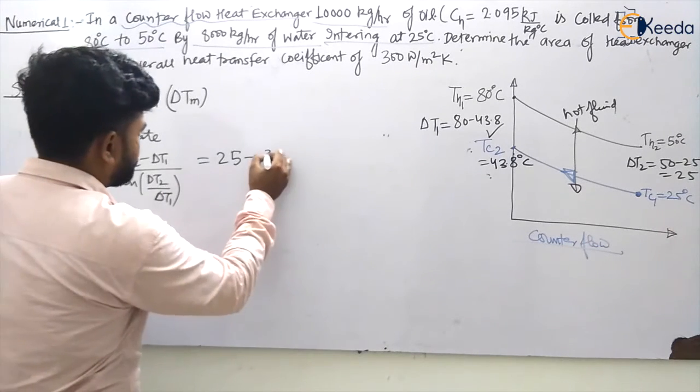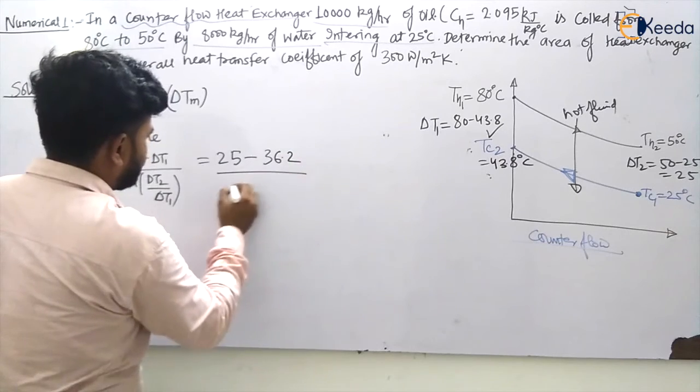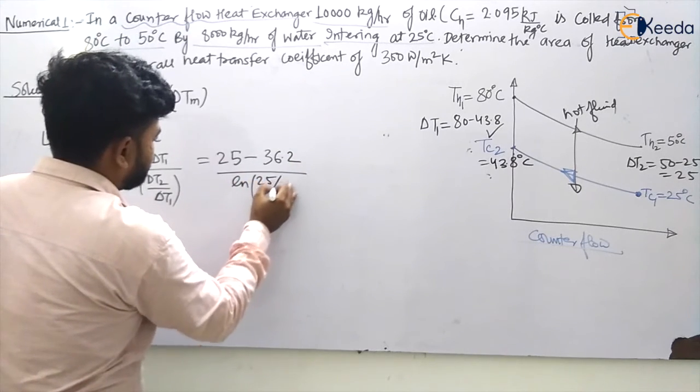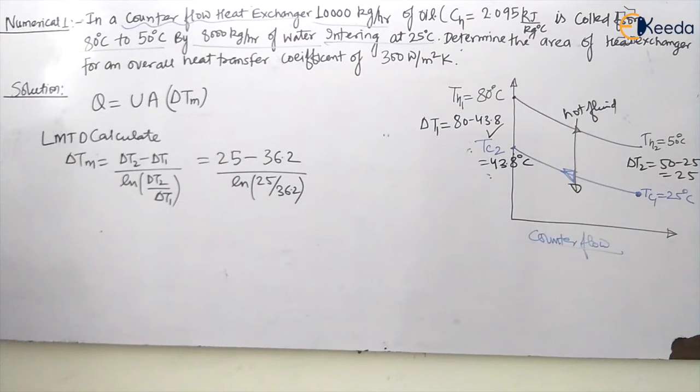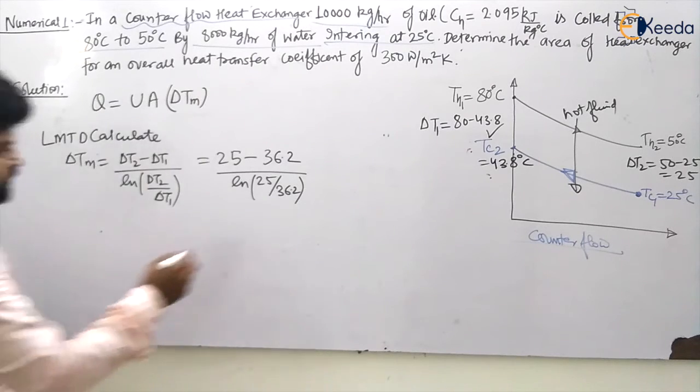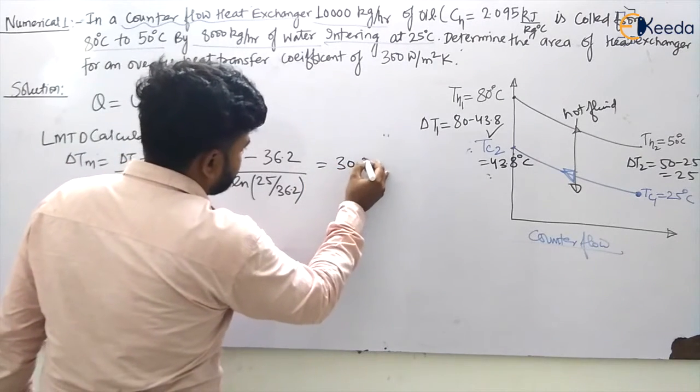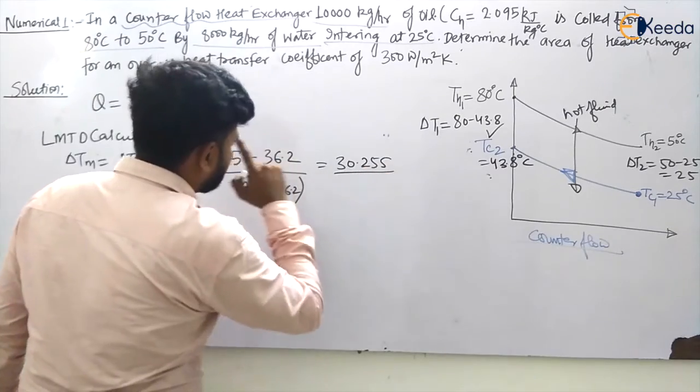This will be 36.2, my dear students. So ln of 25 divided by 36.2. So 25 minus this and again divided by ln of 25 divided by 36.2. I will have the value to be 30.25, my dear students. So this will be 30.255.